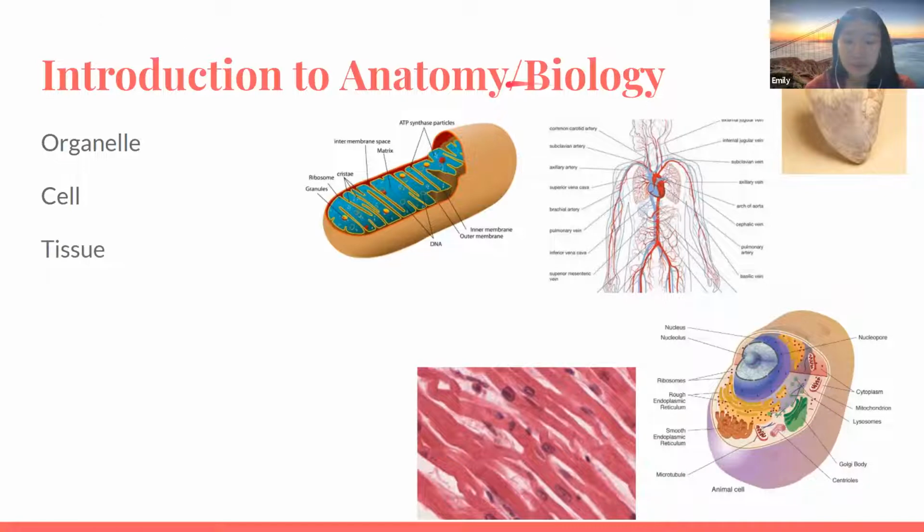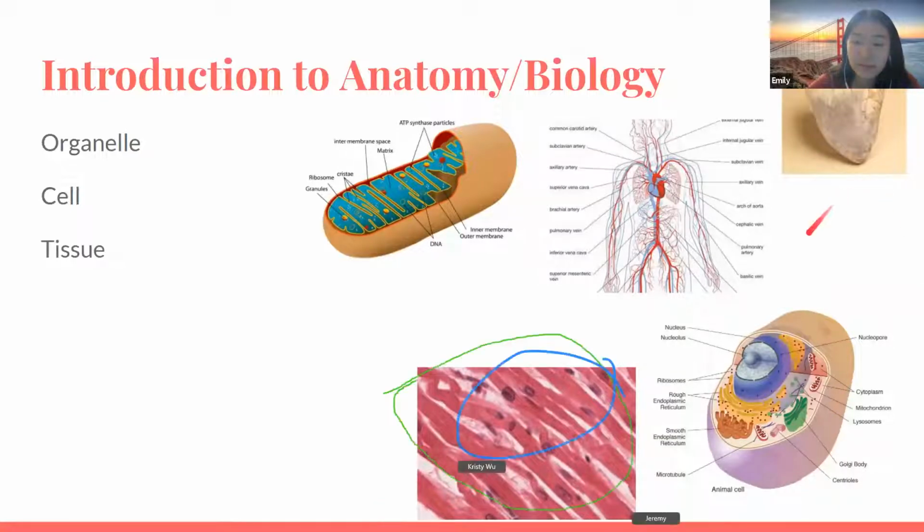So which one of these images do you think represents a tissue? Yeah, a couple people circling this one. Yeah, this is a tissue. Specifically, it is cardiac muscle, so very relevant to our topic today, which is the circulatory system.